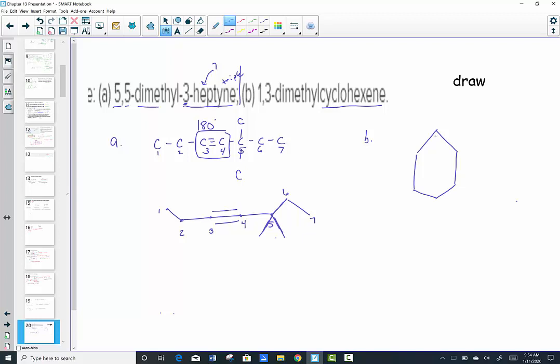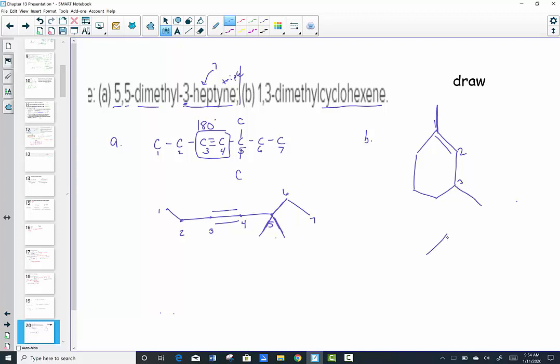Wherever I draw the double bond, it doesn't matter where, I just have to pick a line. I now know that the double bond is between carbon 1 and 2 by definition. So that tells me I need to place a dimethyl. 1 methyl coming off of carbon 1 and the next coming off at carbon 3.